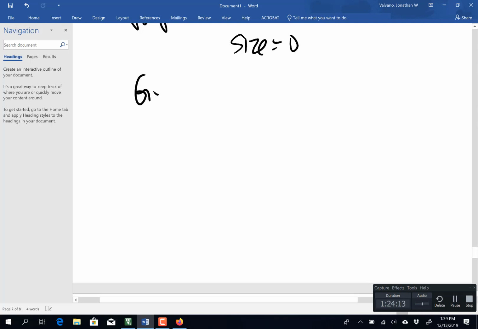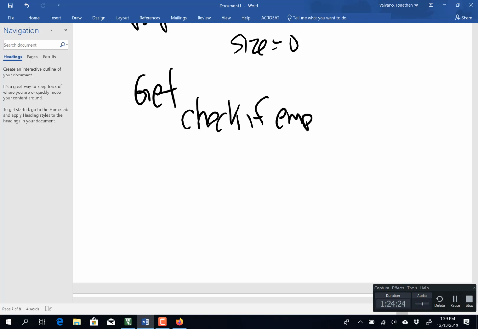What's a get? It's going to remove, but what do I have to do first? Check and see if it's empty. Okay. And again, I can do one of two things.